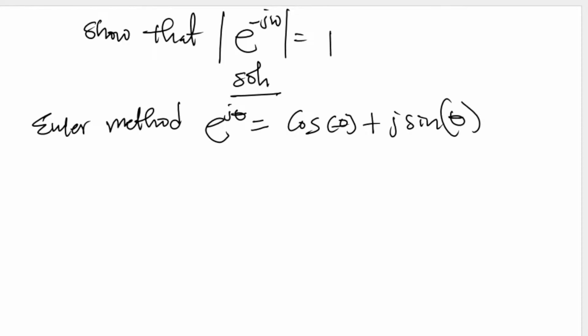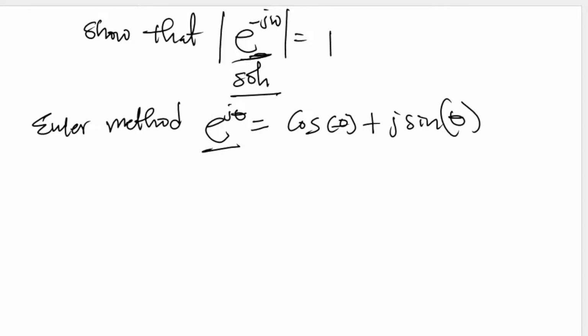We are recalling Euler's method because what we have here is a similar parameter to what we have there. In essence, we are seeing j theta, which is imaginary part multiplied by your theta. But in this case, we are now seeing imaginary part multiplied by angular velocity. Are we together?